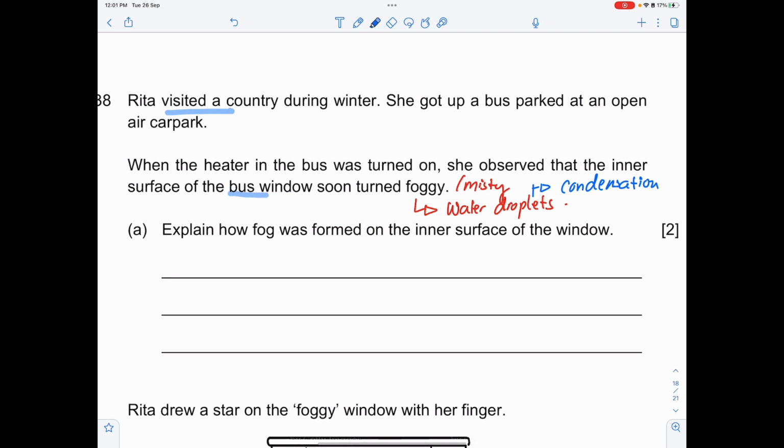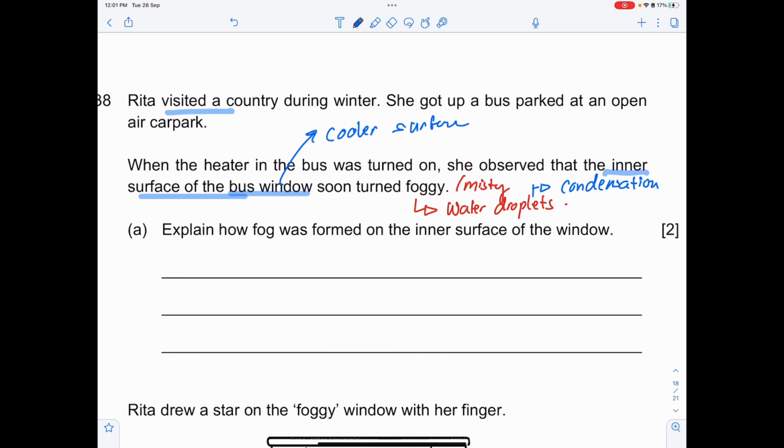In this question statement, it is the inner surface of the bus window, right? So this tells me that this is the cooler surface, because condensation has occurred on it. So where is your warmer vapor?